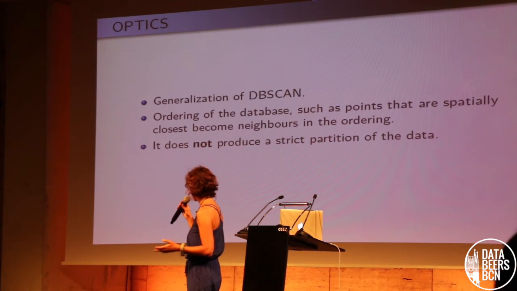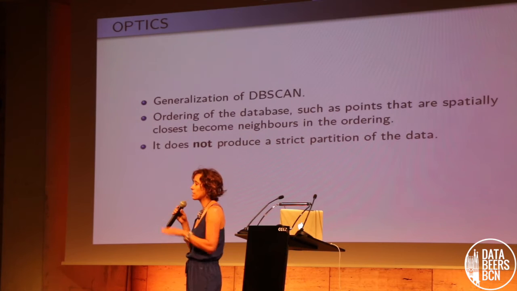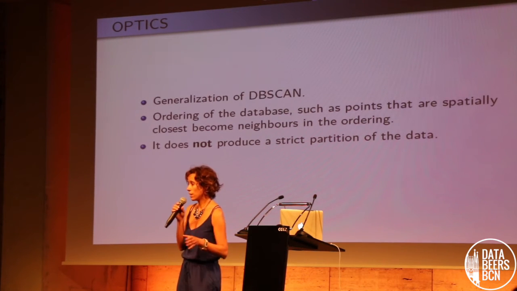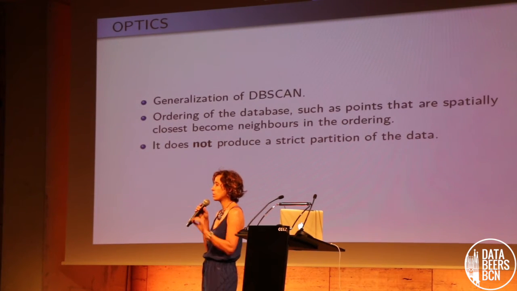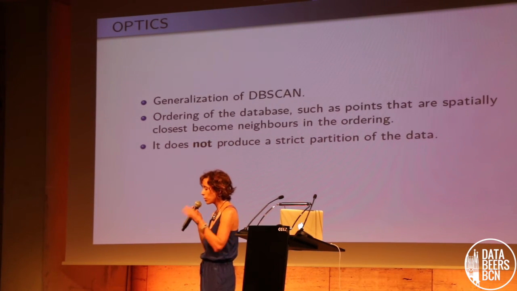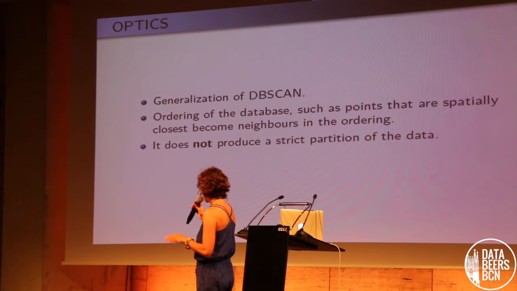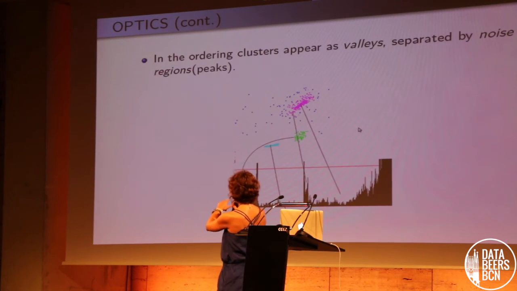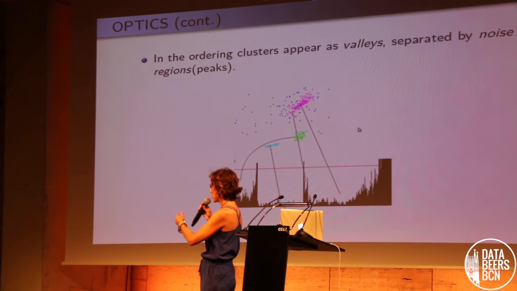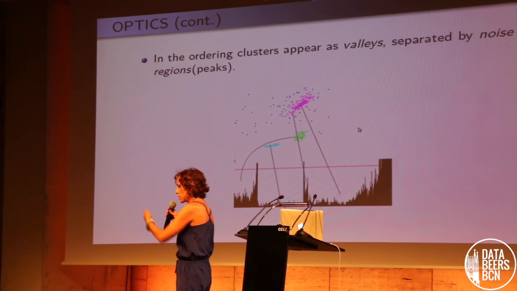another algorithm was developed that does not produce a partition of the data like DBSCAN, but produces a special type of diagram called a dendrogram, where we order the points. Based on this diagram, which you can see in this slide, the clusters appear as valleys, separated by noise regions, which appear as peaks.